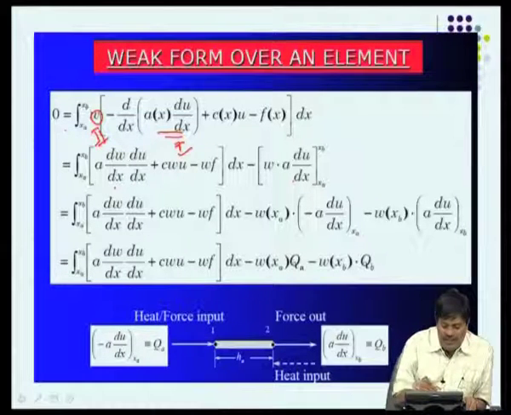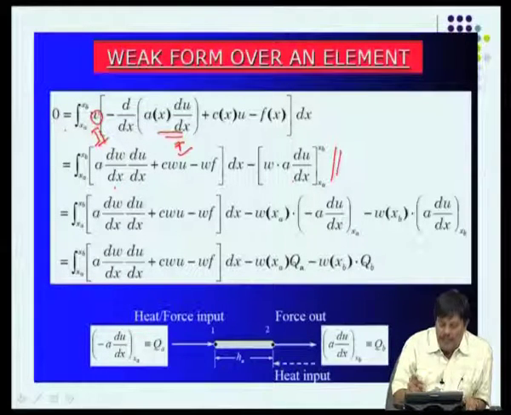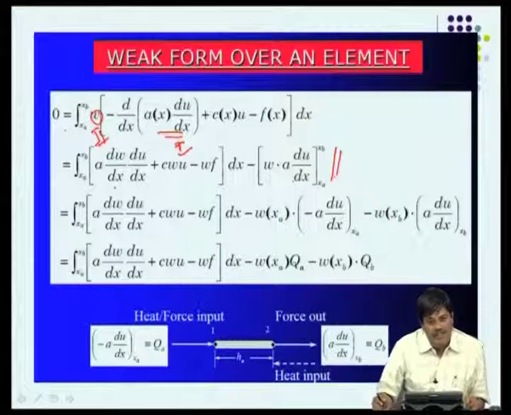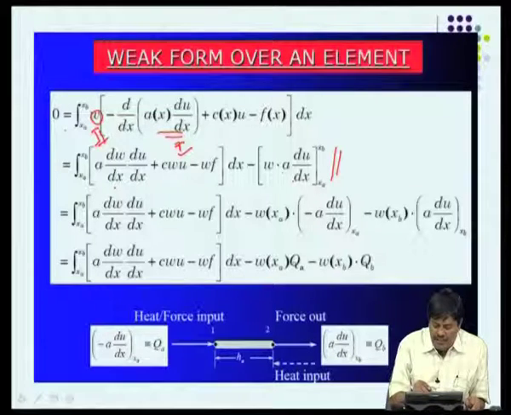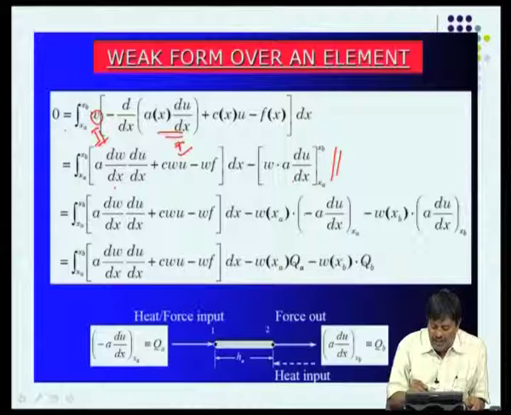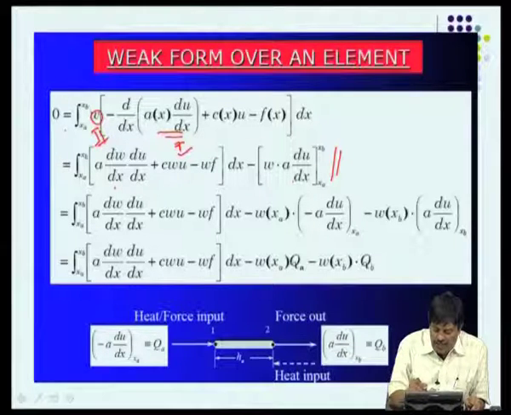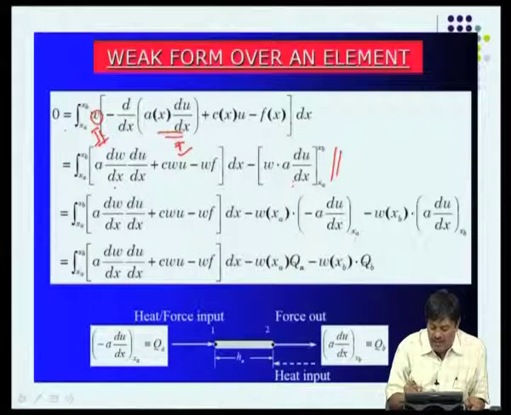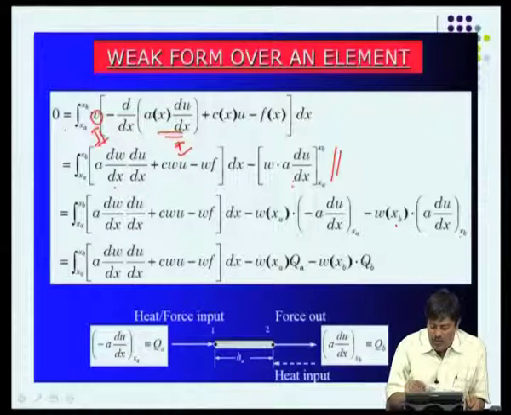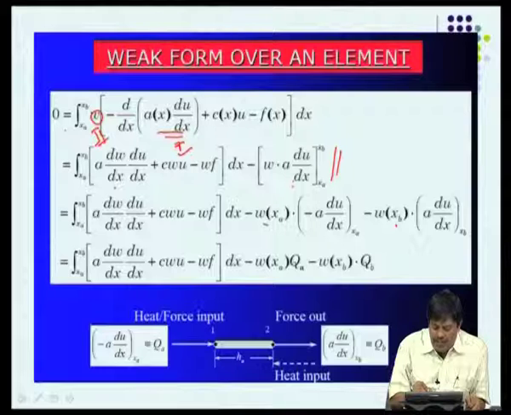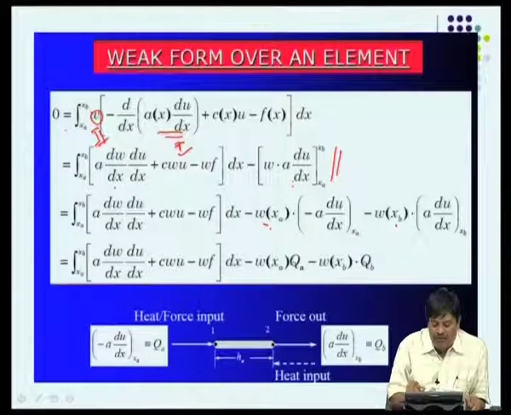This statement has a lot of meaning. This is the boundary term that is coming here. Let us take a brief look at what the boundary terms are. The boundary term says w evaluated at xa and the flux term evaluated at xa, and w evaluated at xb and the flux term evaluated at xb. So, you see that there is a w term and a derivative of a u term.